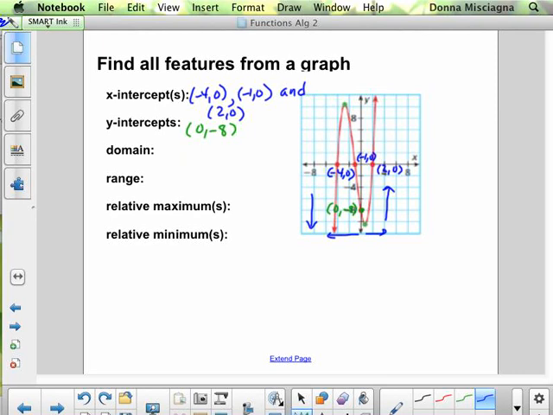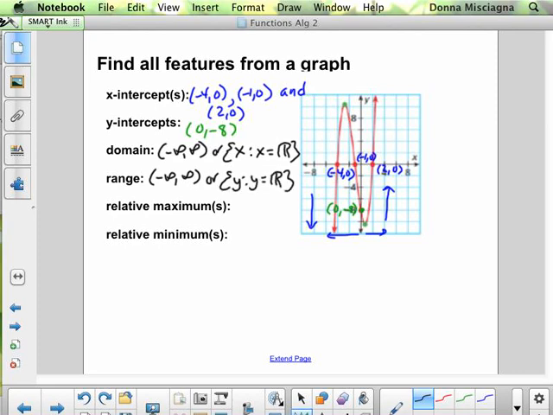So our domain is going to be all real numbers. So -infinity to infinity, or x such that x is a real number. And the range, likewise, is going to be -infinity to infinity, or y such that y is a real number.